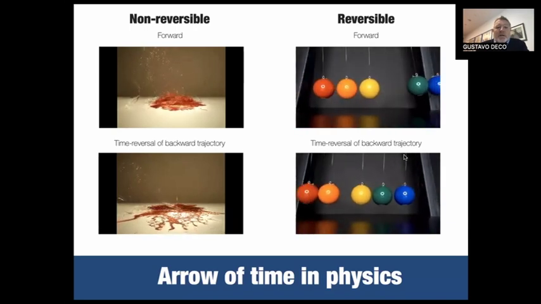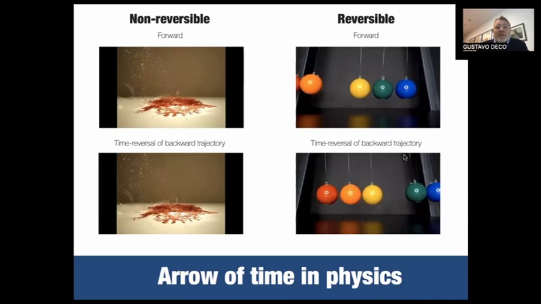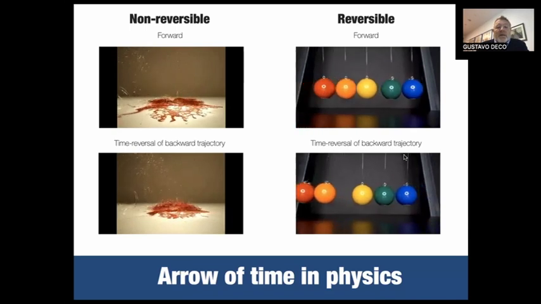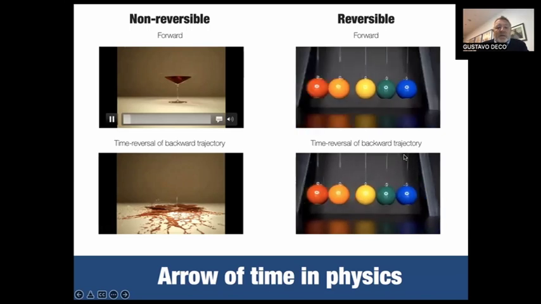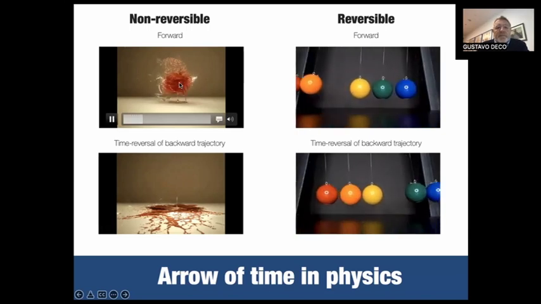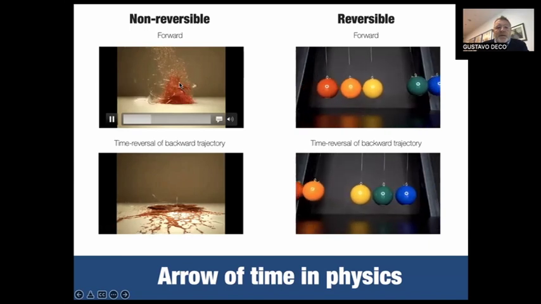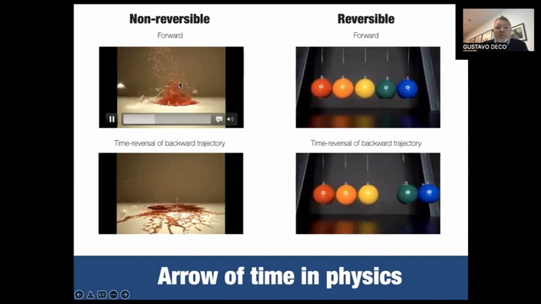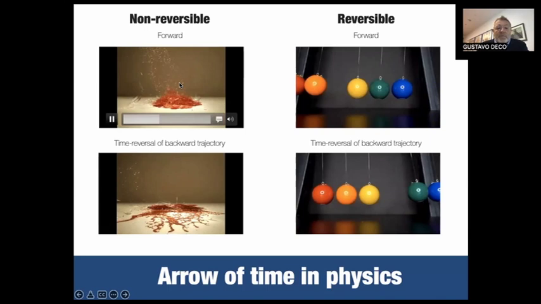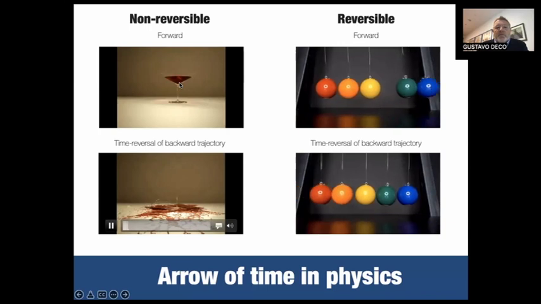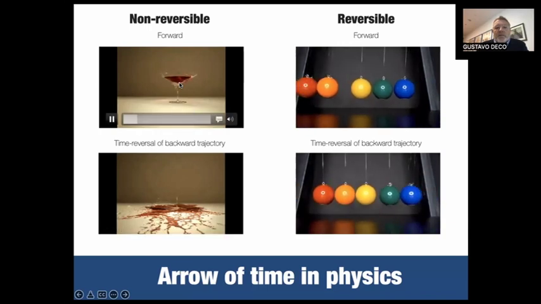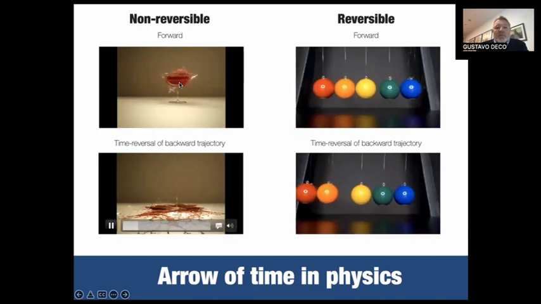For example, again a macroscopic system that is clearly non-reversible, a bullet shooting a glass of wine. Here on the top is the forward movie, and then the backward movie, and it's very clear to distinguish which one is which. So it's very clear to associate an arrow of time to this condition.